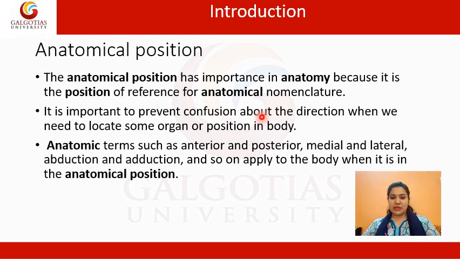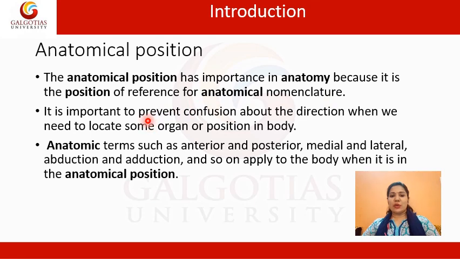Anatomical terms such as anterior and posterior, medial and lateral, abduction and adduction, and so on are applied to the body when it is in anatomical position. So, basically, anatomical position is the position to be considered to prevent confusion during the study of anatomical nomenclature.